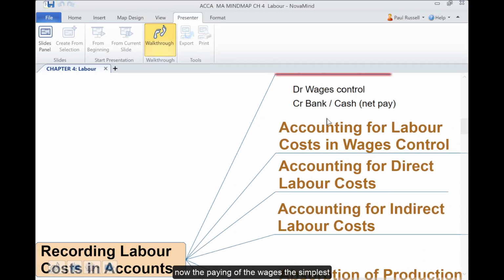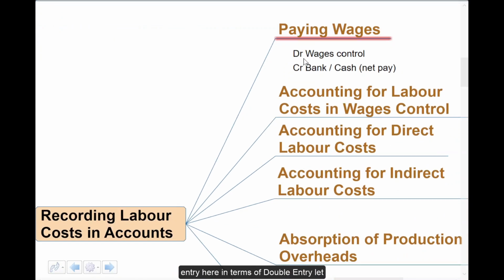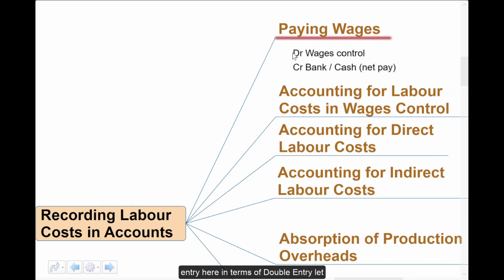Now, the paying of the wages is the simplest entry here. In terms of double entry, let me explain very briefly. A wages control account is really a job lot account, in other words, an account where we bring in a variety of labour associated costs. We're looking within the wages control account to control all wages.